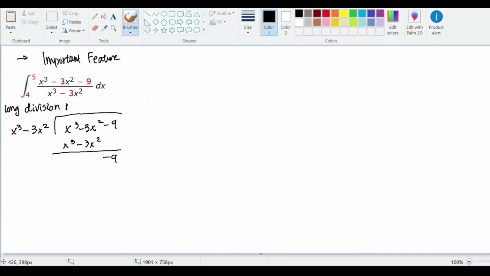So what this represents is we got 1 here, and because it's minus, it'll be minus 9 over the remainder, x to the third minus 3x squared.